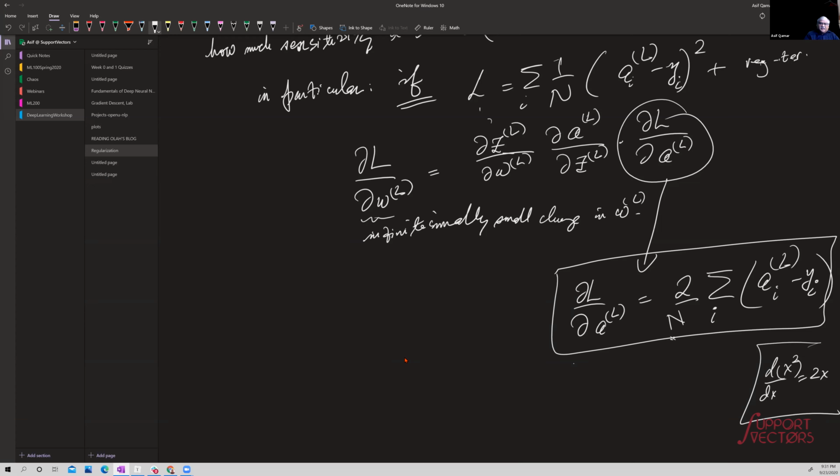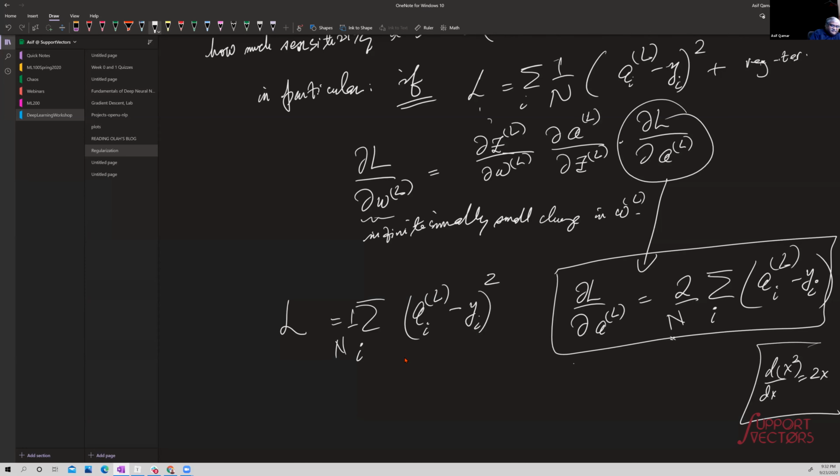Yeah, the last one. It follows from the fact that L is equal to the summation over i of 1 over n (AL minus y) squared. So now ask yourself, what is the derivative? I'll just forget the i subscript.